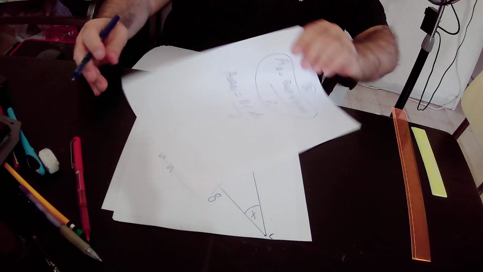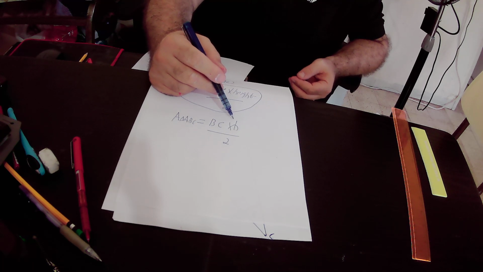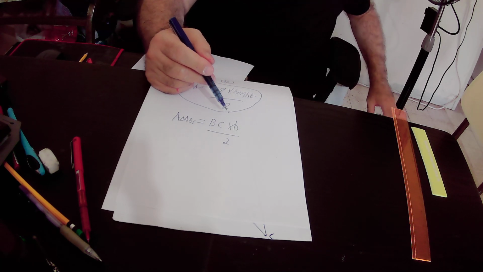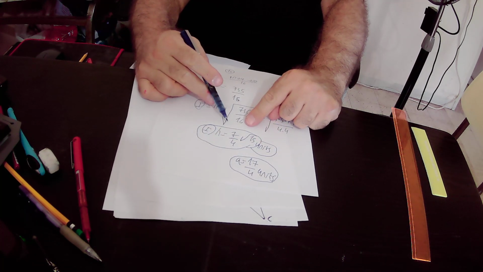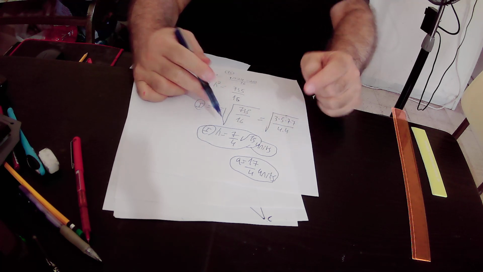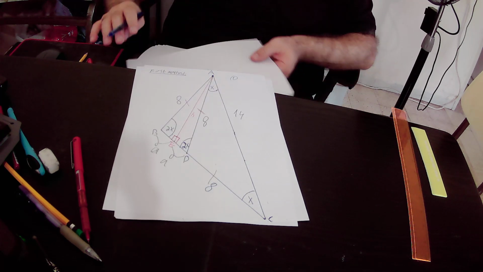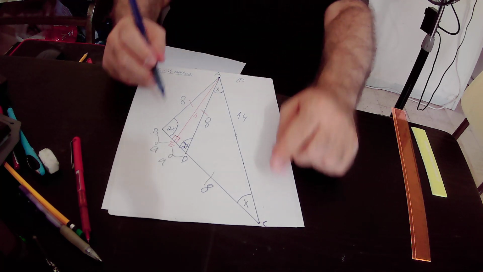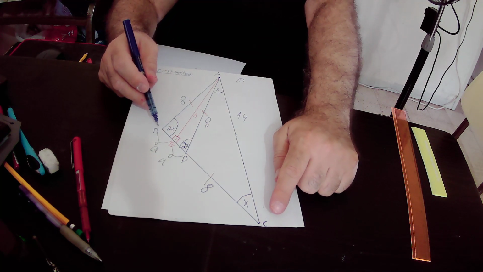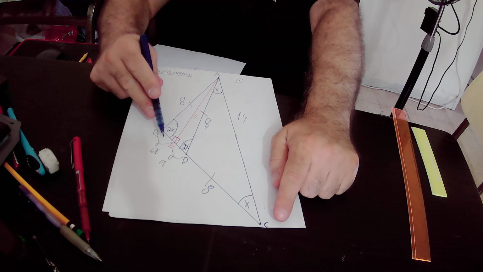So the area of triangle ABC equals the base BC times the height to the base, that is h over 2. We know that h equals 7 over 4 times root 15 units. And what is the value of BC? This is BC, so the value of BC is a plus 8, or the value of BC is 2a plus 8.